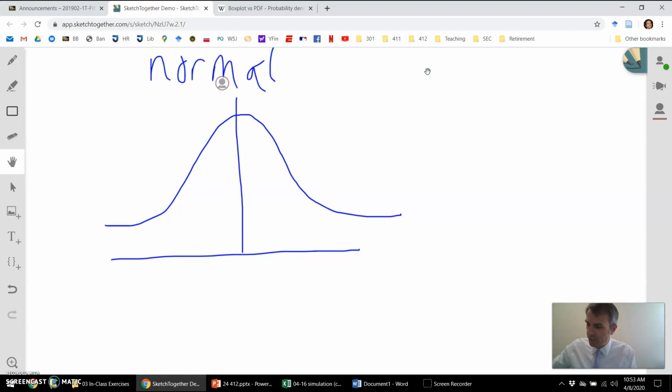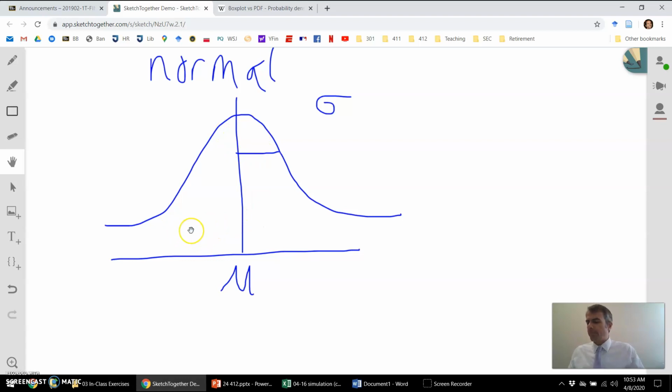It's centered at the mean, mu, and then we've got some standard deviation, sigma, that tells us how spread out the curve is. And we know that with the normal distribution, observations closer to the mean are more likely because the curve is higher there.